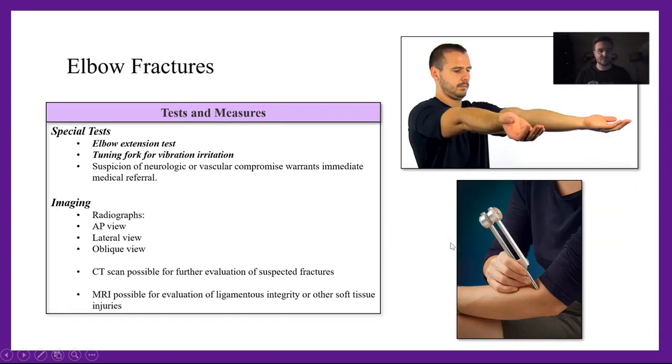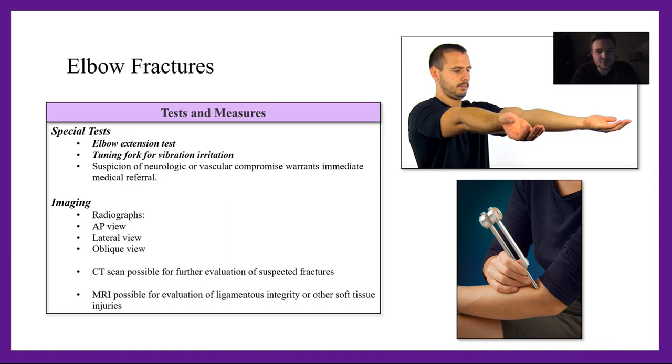Tests and measures. There's something called the elbow extension test. Very simple test. Top right. You just see if the individual can open their elbows and get fully extended and be symmetrical. It's a very high sensitivity for ruling in fractures if they cannot extend their elbow fully compared to the opposite side after a mechanism of injury that you may suspect correlates with that.